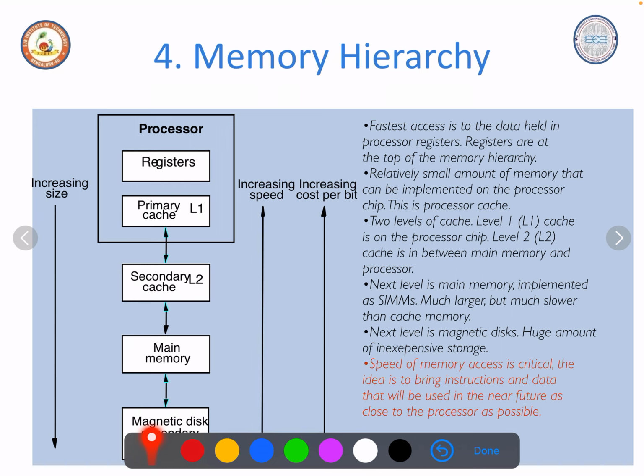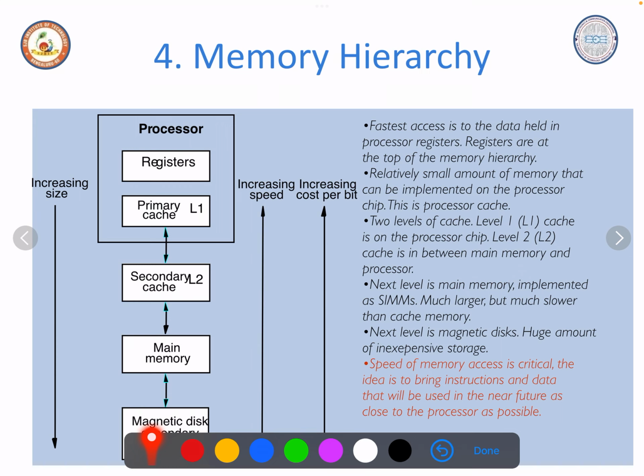The fastest access to data is in the processor registers. Registers are at the top of the memory hierarchy. A relatively small amount of memory that can be implemented in the processor is called the processor cache. We have two levels of cache: L1 in the processor, and L2 between the main memory and the processor.